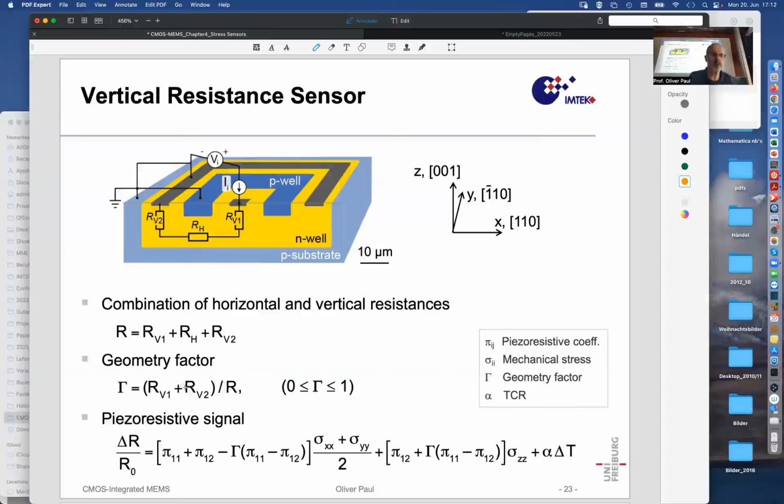So, that's the percentage of verticality in this resistive structure. So this is what you get out.